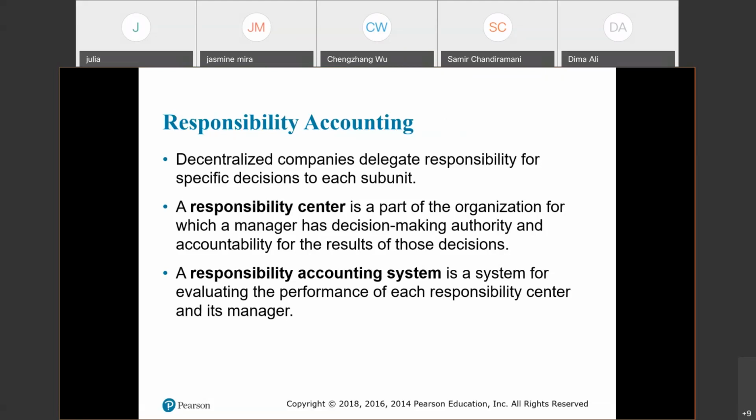Each manager is responsible for planning, directing, and controlling some parts of the company's activities in each responsibility center. But lower level managers are often responsible for budgeting, directing, and controlling costs of a single value chain function.